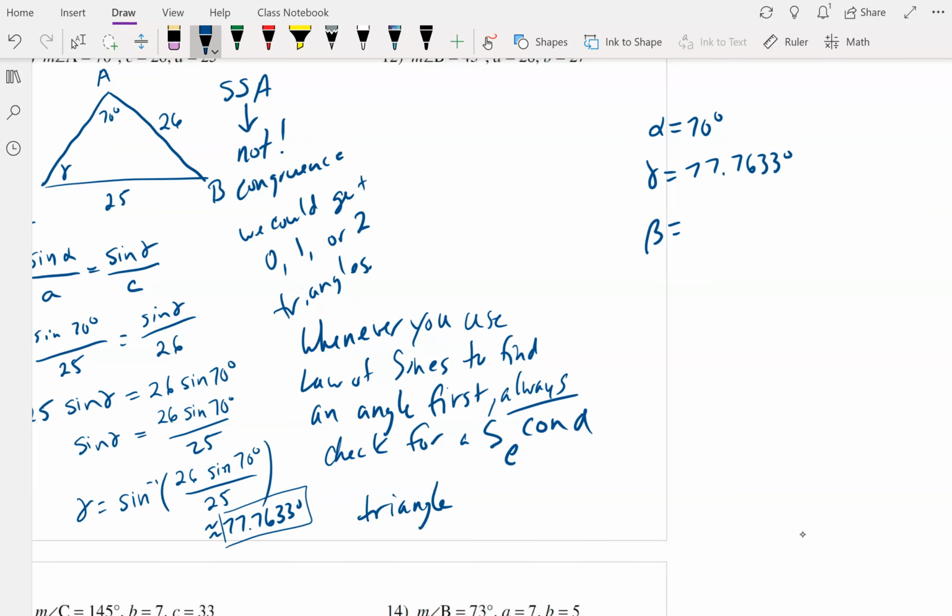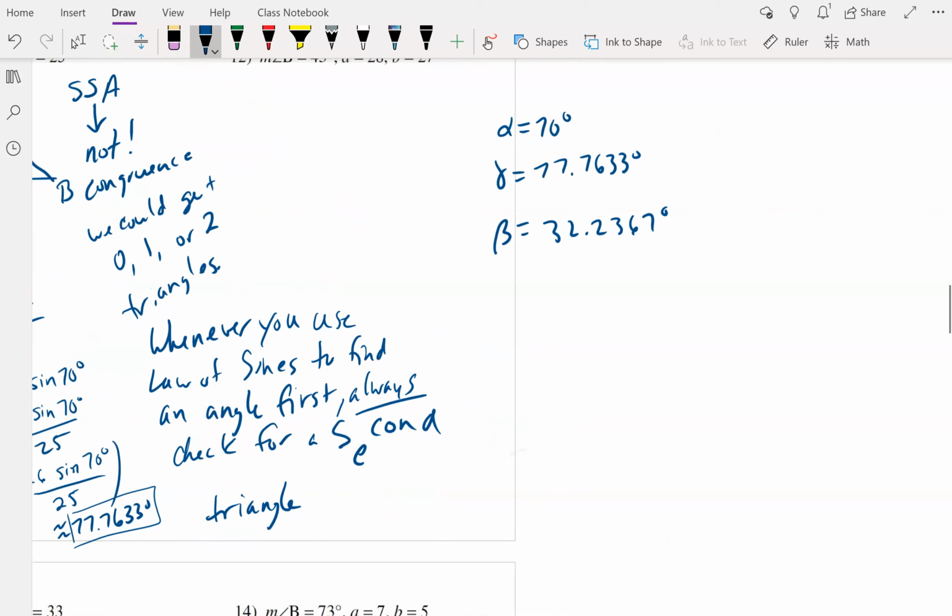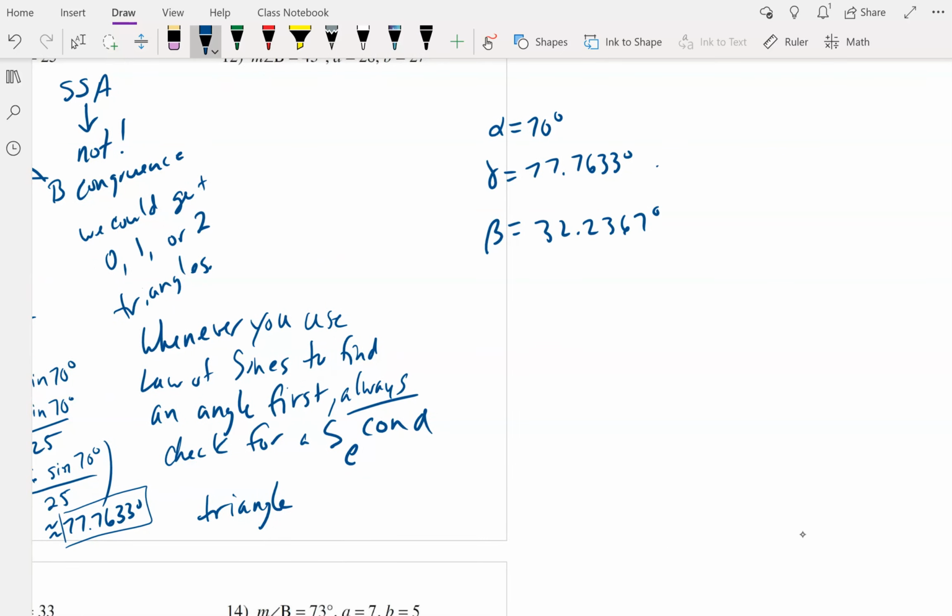If we add those two together, we get 147.7633, so beta is going to be 32.2367. Sorry, it's 32, not 132. This is going to be one of our triangles, and we still have one more side to find. However, there's another way we could have done gamma.